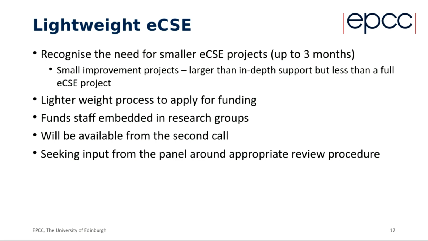The idea here is that there'll be a lighter weight process for applying. It will still fund staff embedded within research groups. We plan to make this available from the next call, but we're just seeking input from the panel about the appropriate review procedure and so on, and a bit more concrete information about hardware timescales. But that will be advertised again in due course.